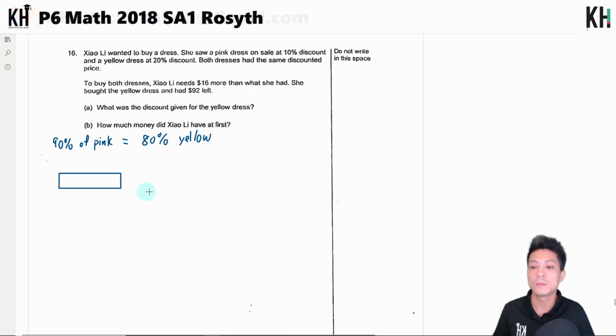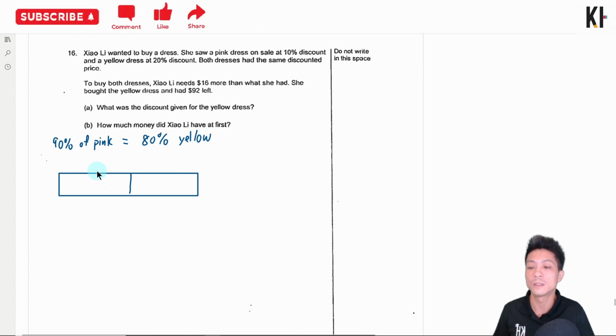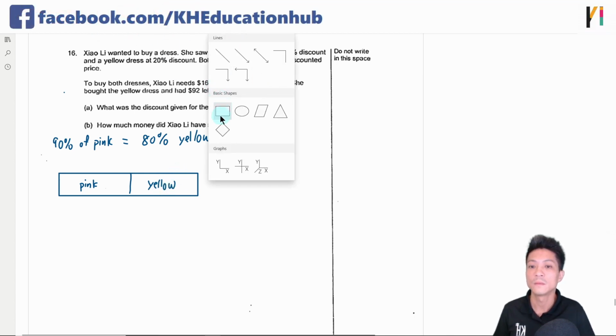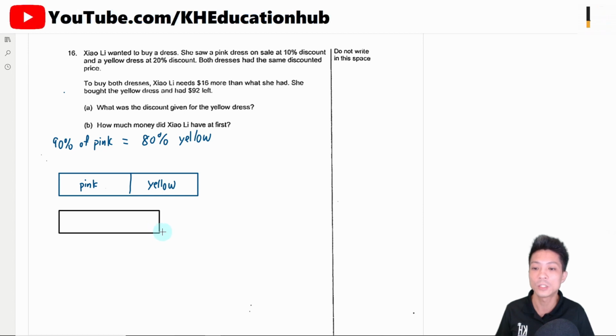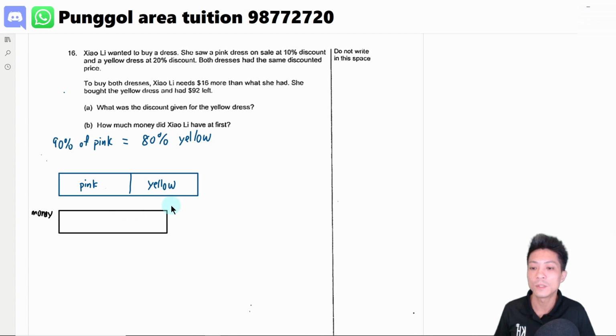Okay, let's draw a simple model over here. If she wants to buy both dresses, okay, which is the pink and yellow, she will be short of $16. So I'm gonna draw another bar which represents the amount of money that she got. Okay, so this bar will represent the amount of money that Xiao Li has, which is short of $16.